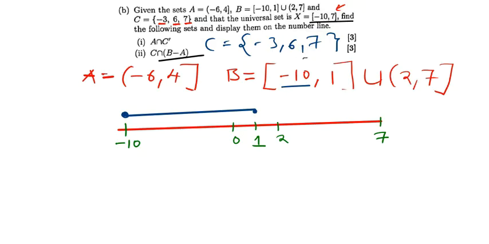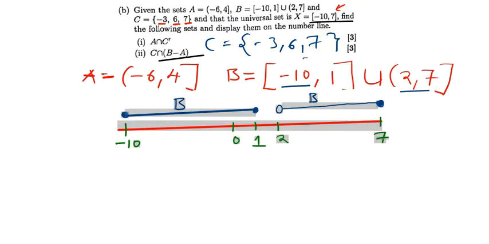Okay, so that's the first part. And then we are moving from 2 to 7, except 2 is not included. 7 is. So this is B.